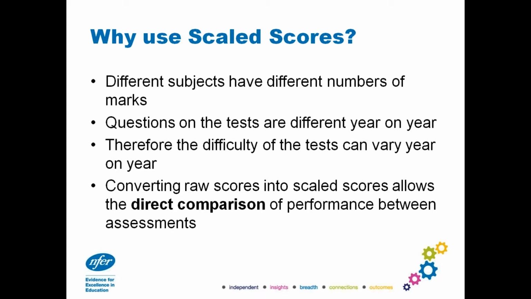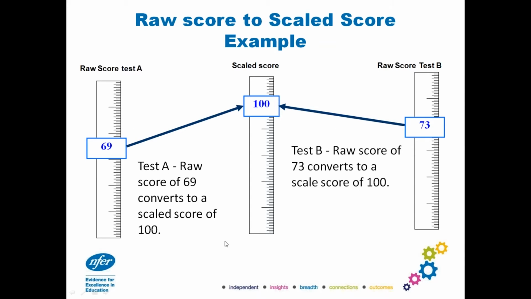That means we can be sure that a scale score of 100 this year is equivalent to a scale score of 100 in 2 years' time. We've got a graphic to illustrate that now. The scale scores are statistically adjusted to account for any small differences in the difficulty of the national curriculum tests in different years.